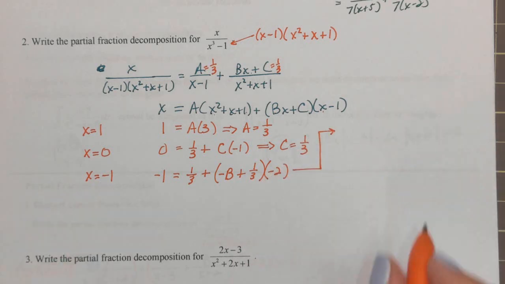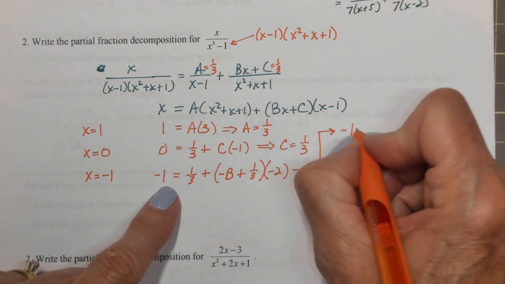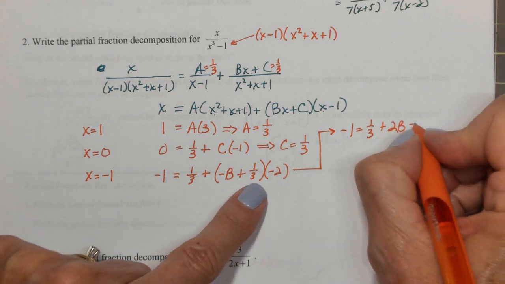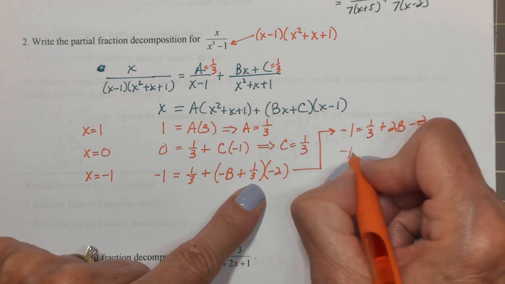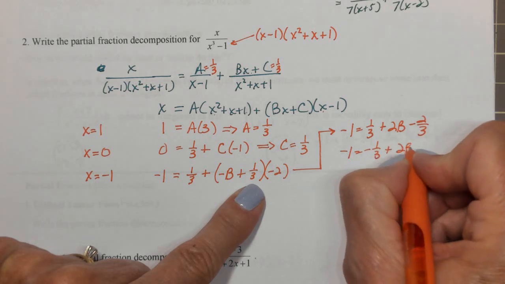I'm going to come over here and do a little work here. So let's see. I have negative 1 is 1/3 plus 2B minus 2/3, right? So negative 1 is equal to negative 1/3 plus 2B.